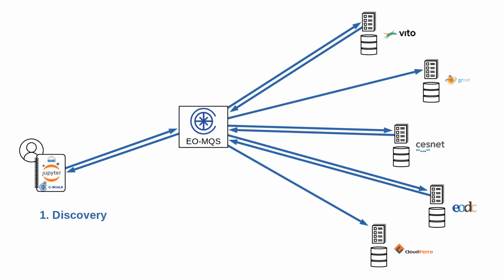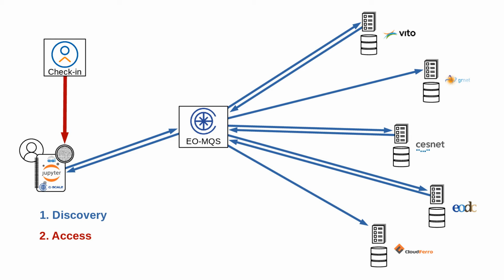The second step they need to perform is actually accessing the data. For that, they need to begin with authenticating to the site. And in the Federation, there is a centralized component, the EGI Check-in, which has actually provided already the user with a token that can allow them to do just that, access all sites with resources in the Federation.